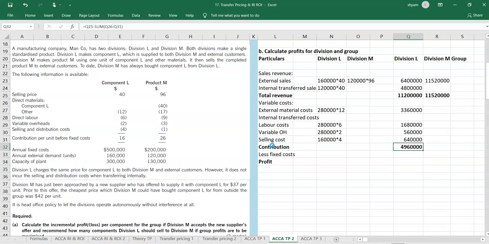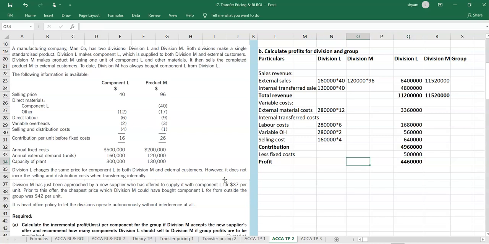Okay, so it comes to 4,96,000 here. And we also have the fixed cost. Fixed cost is 5 lakhs. So it would be 44,60,000. So that we got.